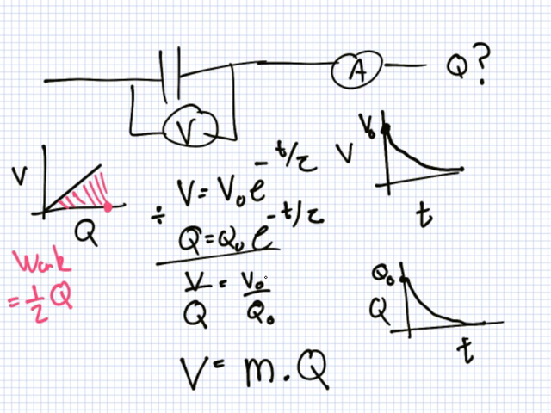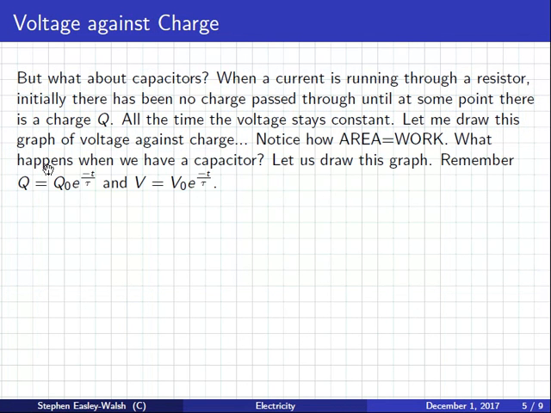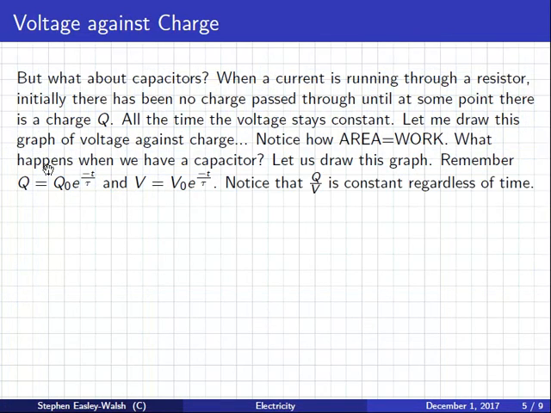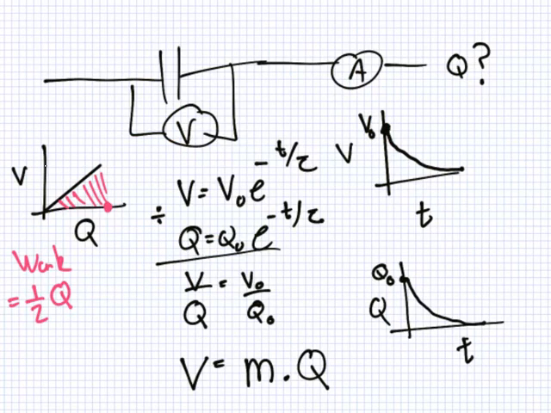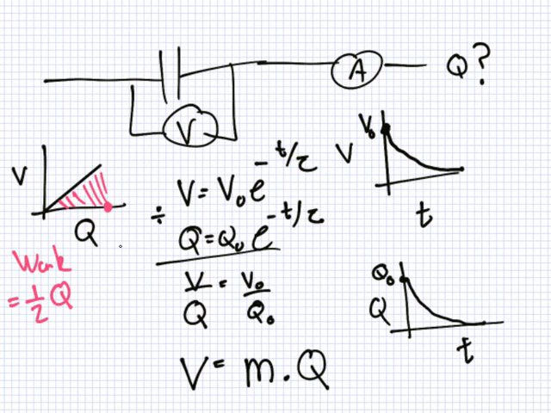It doesn't matter, trust me. Oh wait, did I do something backwards here? My graph is increasing. Q over V. Okay, a half Q times V.